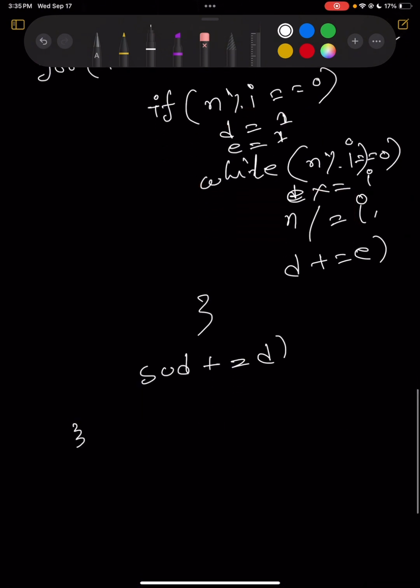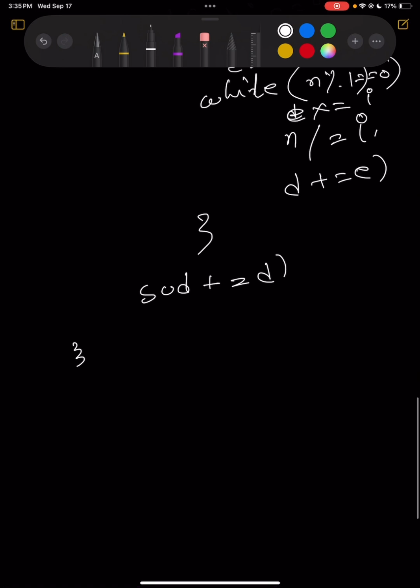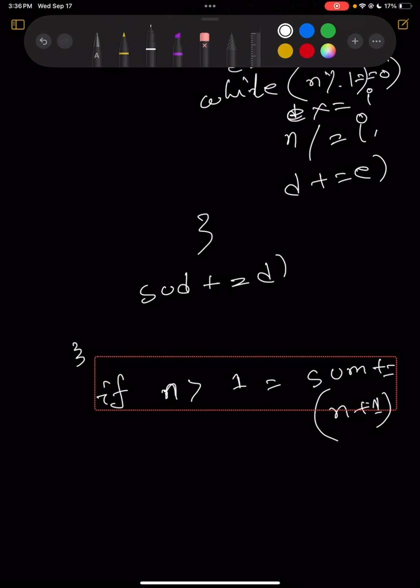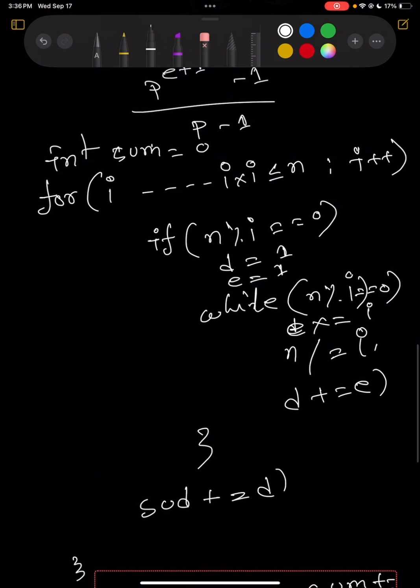And after all, if we have some spare part, that is if n is greater than 1, then we just add n plus 1 here. This is actually the main part.